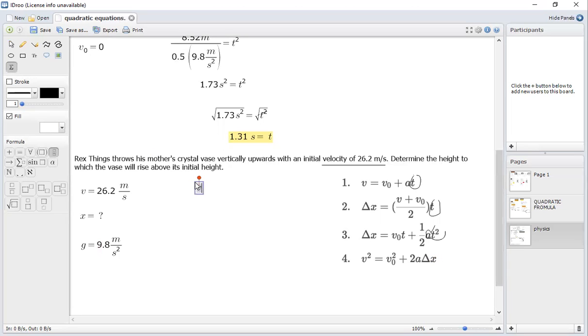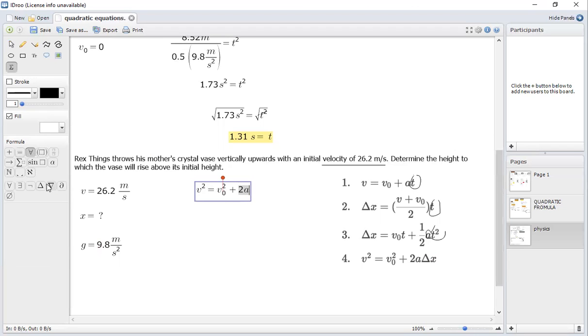So we put velocity square equal initial velocity, which means v sub 0, to the second, plus 2 times acceleration times x, okay?